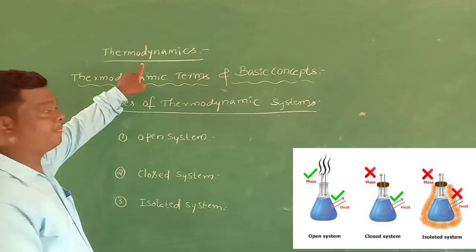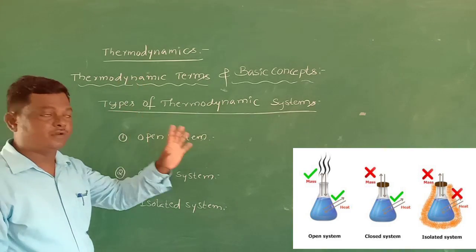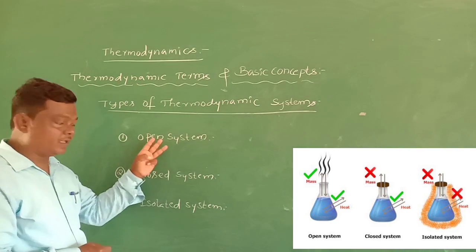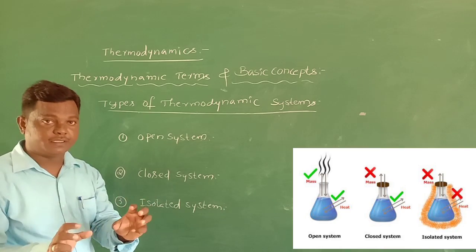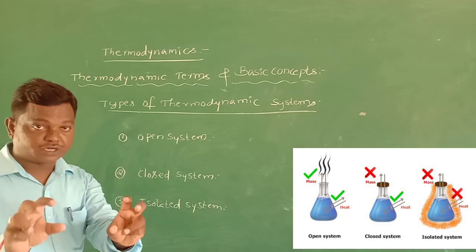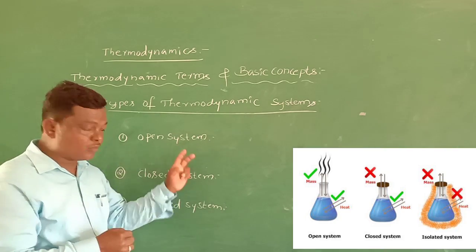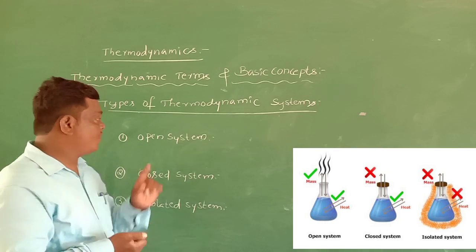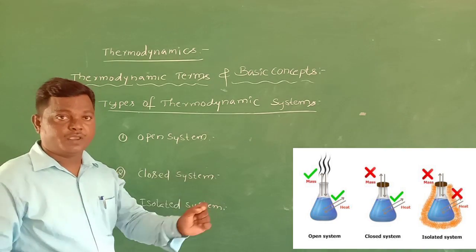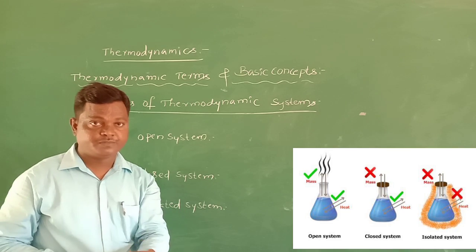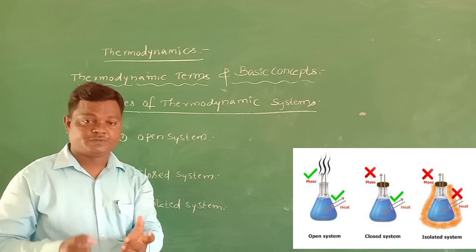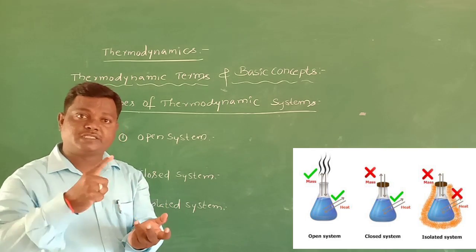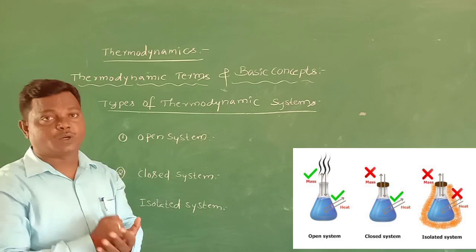But coming to thermodynamics, there are three types of systems based on the nature of the boundary. The thermodynamic systems can be classified into three types. First one is the open system. An open system is one which can transfer matter as well as energy to the surroundings.